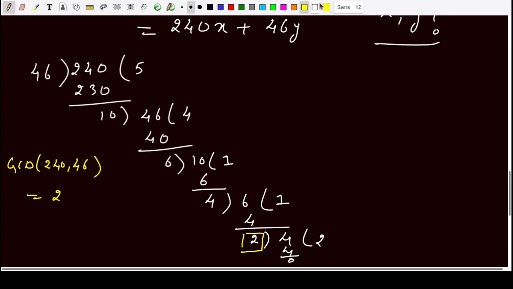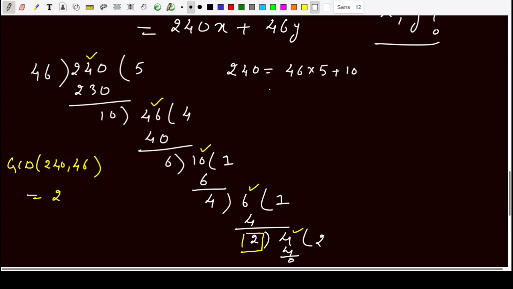Now let us see how we can express it in the form of an equation. Every time we will express the number highlighted in yellow in the form of an equation. The first thing we do is express 240: 240 is 46 times 5 plus 10.